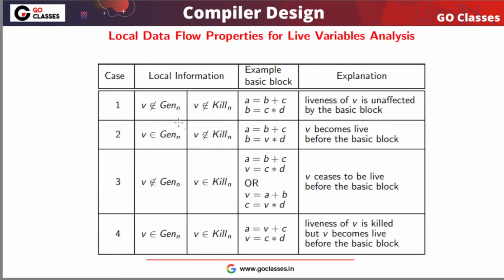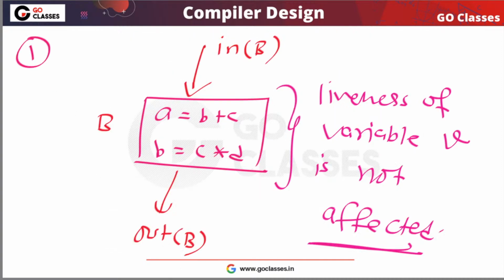Now similarly, if you are generating V but you are not killing V, then what will happen? For example, you are using C. What is the second scenario? What about the liveness of variable C?